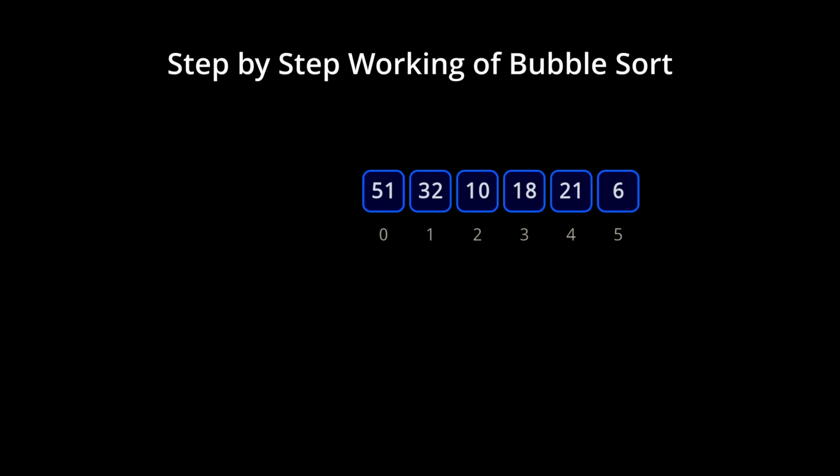Let's sort this array step by step using bubble sort. We'll go through each pass, compare adjacent elements, and swap if needed. Bubble sort works by repeatedly pushing the largest value to the end of the list with each pass. Pass 1. Compare 51 at index 0 and 32 at index 1, 51 greater than 32. So swap these two elements.